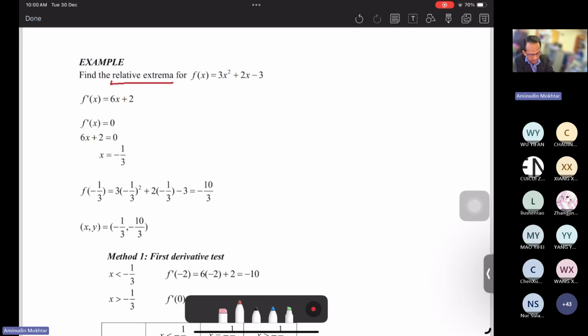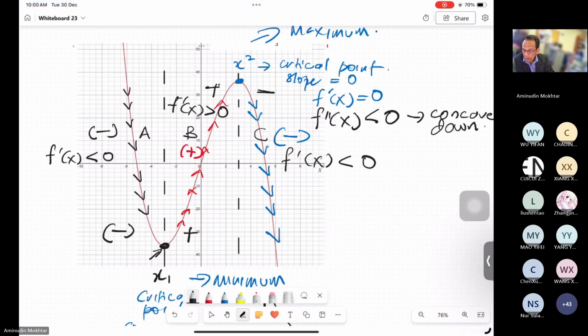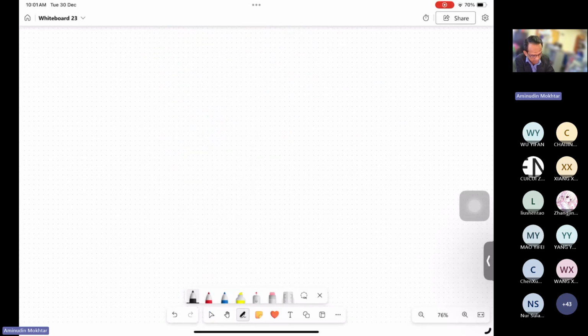Let's say given in the question is f(x) equal to 3x squared plus 2x minus 3.